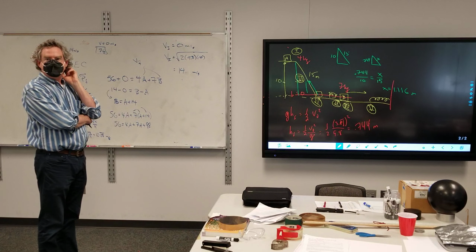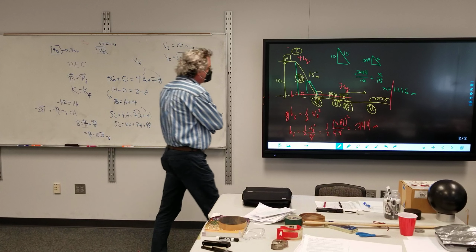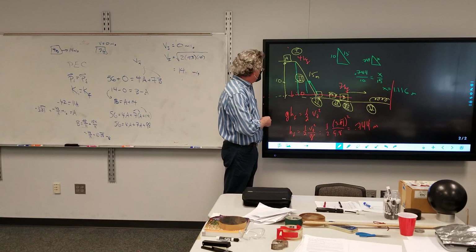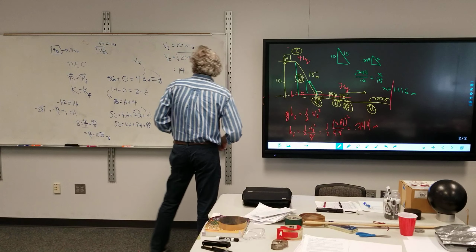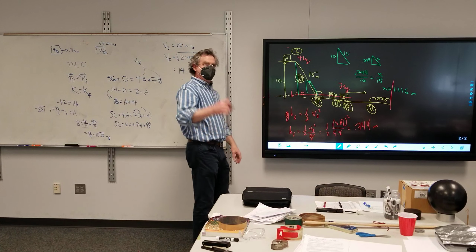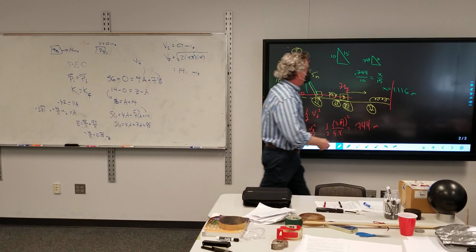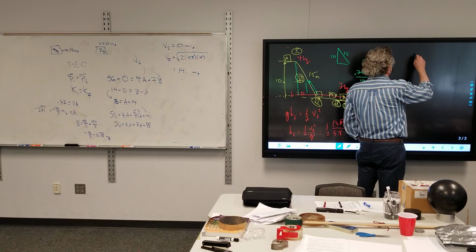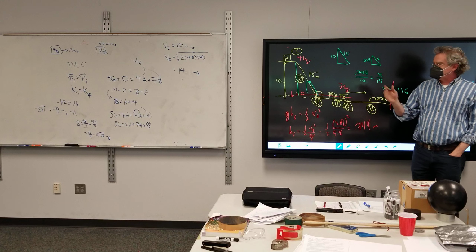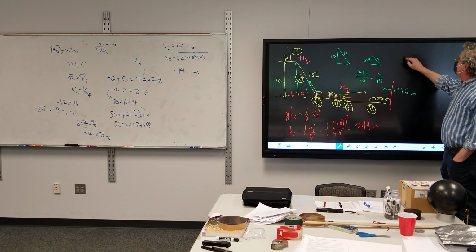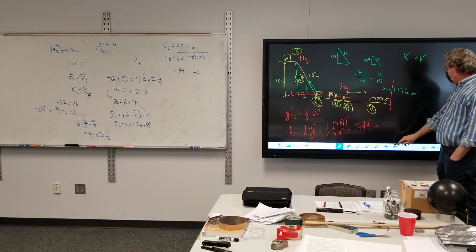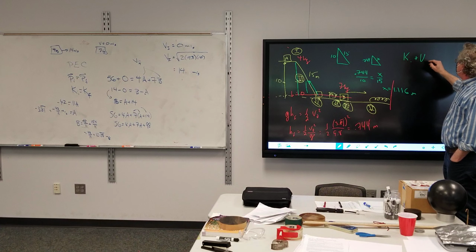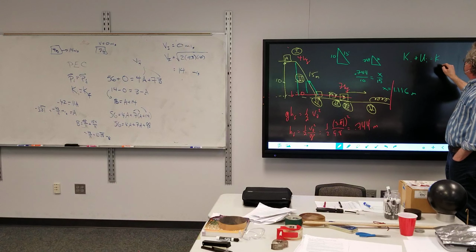Could you explain the equations in red again? These? Yeah. It's a conservation of energy problem as it goes back up. Now, we had the stuff that was written over here that would have been nice if we still had up there. But in essence, energy is still conserved, because this is post-collision. K initial plus U initial equals K final plus U final.